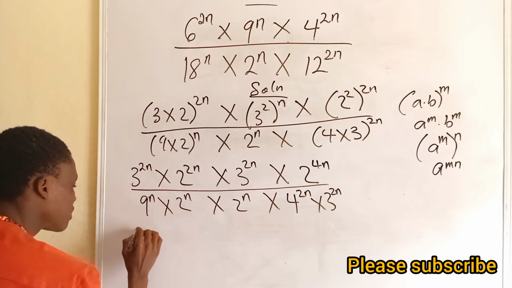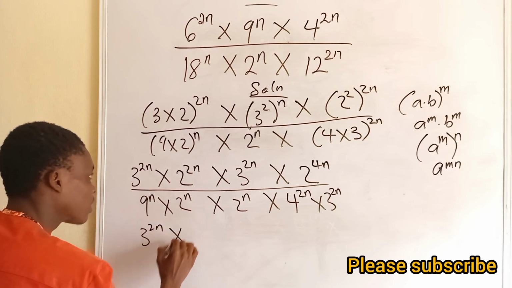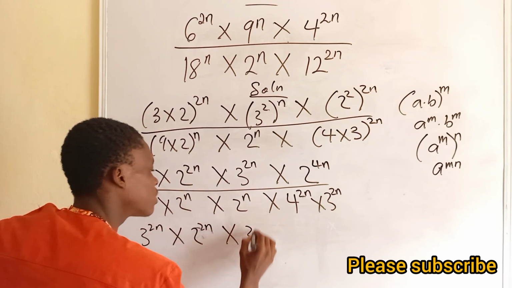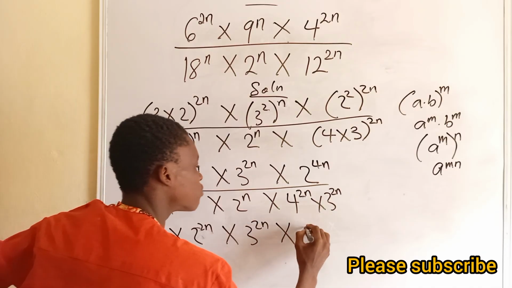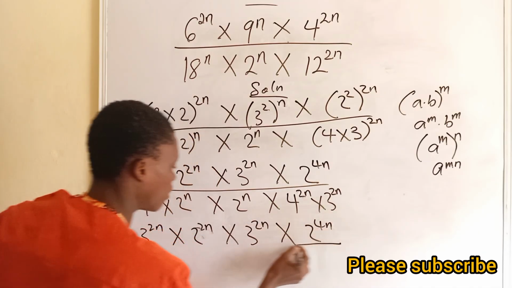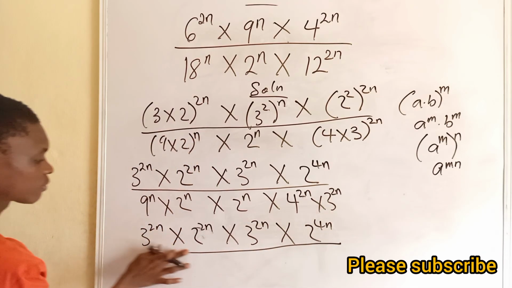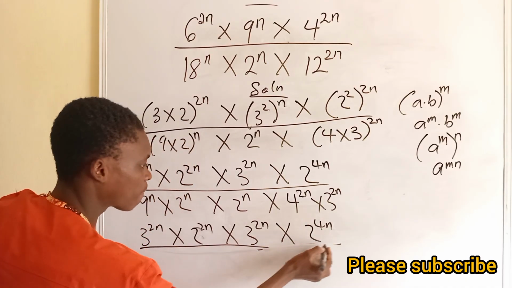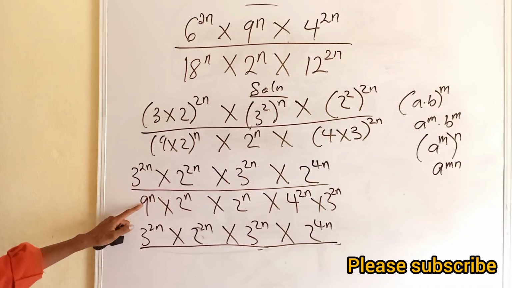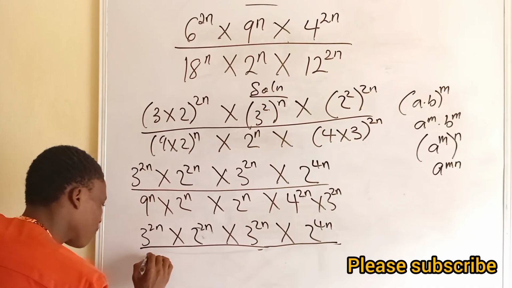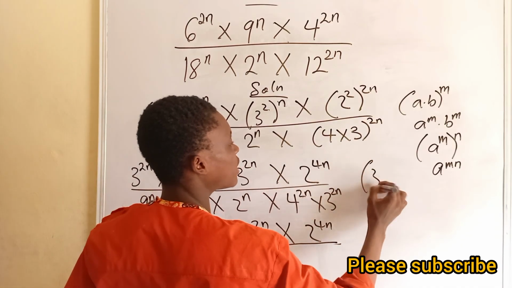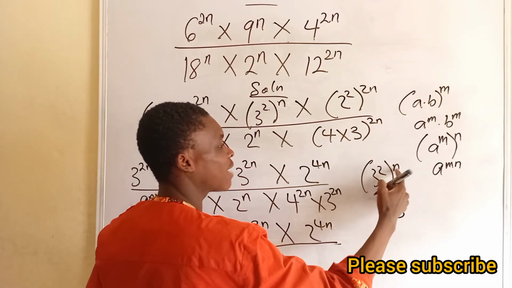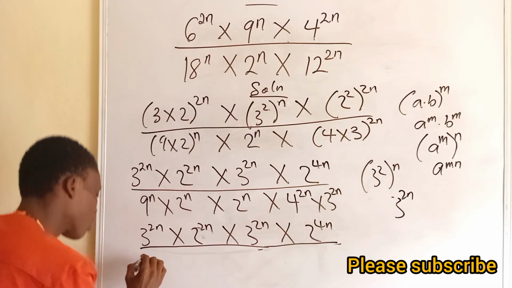So from here, we know that this is 3 to the power 2n times 2 to the power 2n times 3 to the power 2n times 2 to the power 4n, all divided by, now 9 here can be written as 3 to the power 2. So this is 2 times n gives us 2n. So clearly here becomes what?